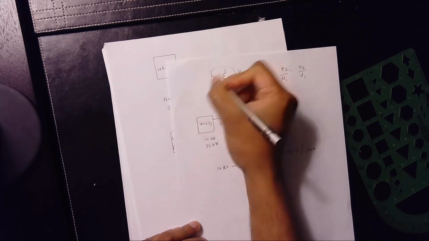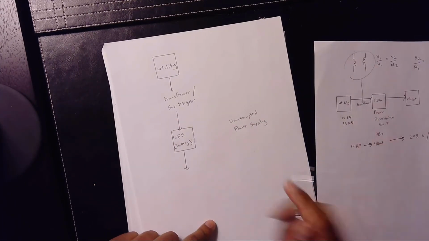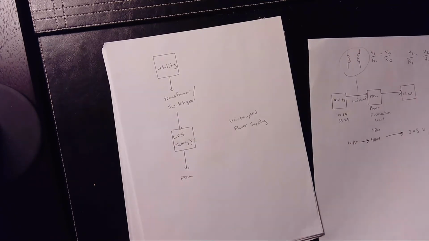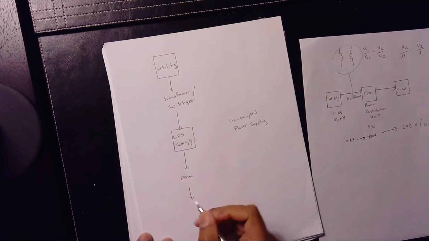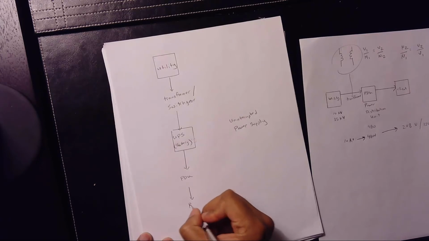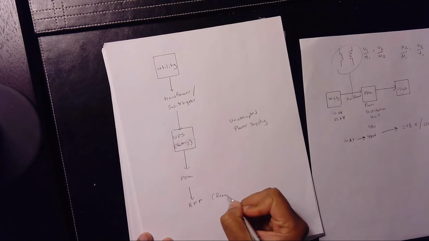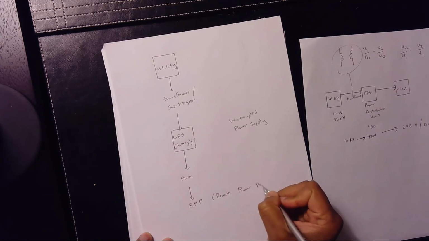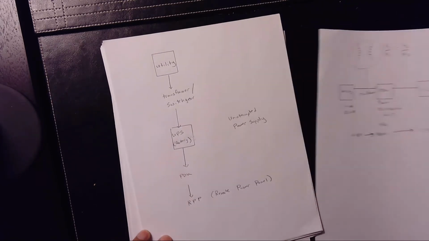That's our transformer. So our transformer, switchgear, UPS battery, and then we go to our PDU. That's our power distribution unit. From the PDU, it goes to a remote RPP, which is a remote power panel.